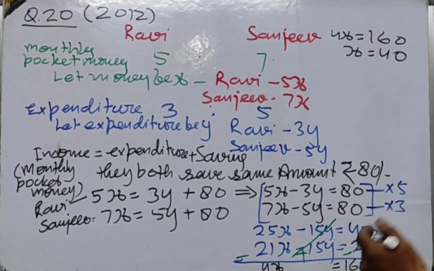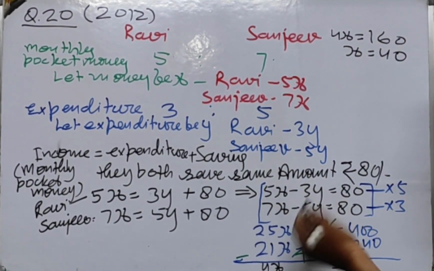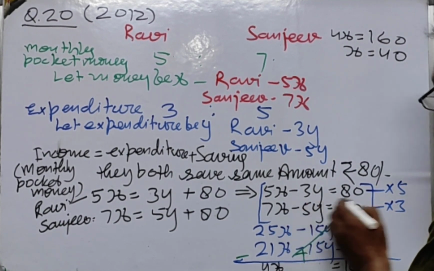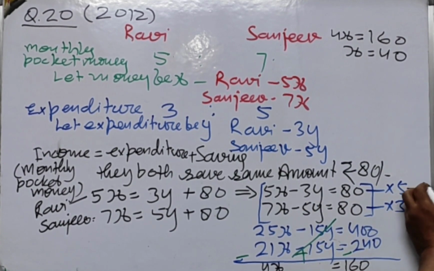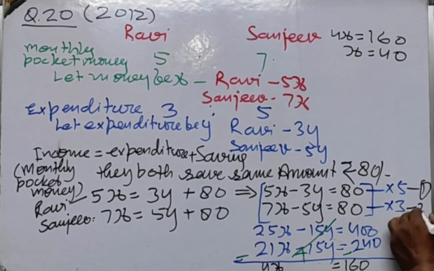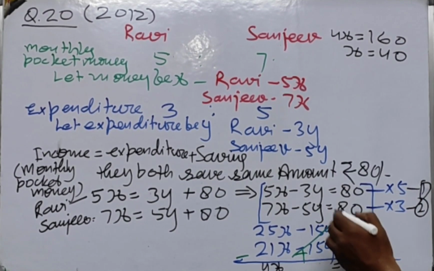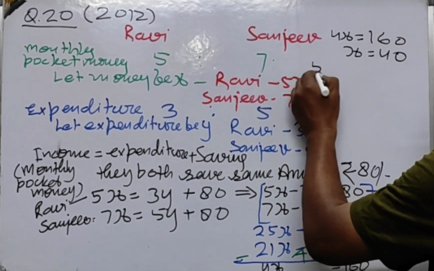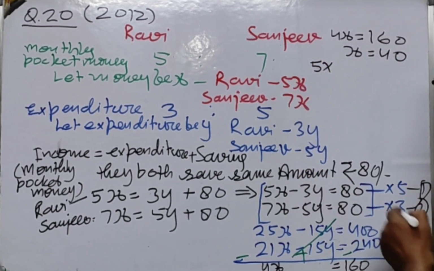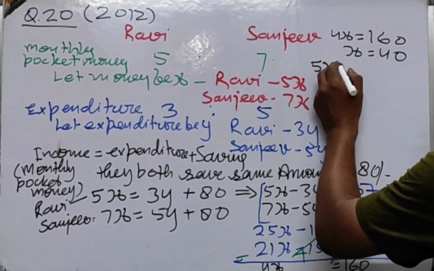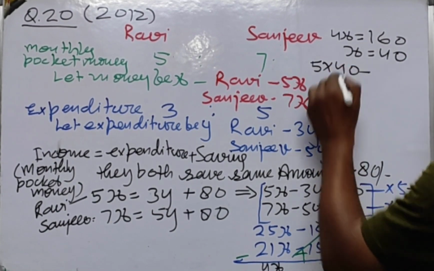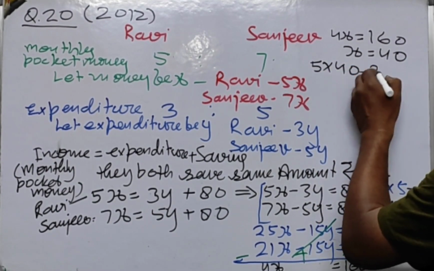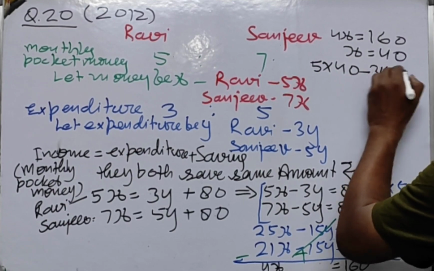We can call this equation 1 and this equation 2. So we substitute the value in equation 1. 5 into 40 minus 3y is equal to 80.